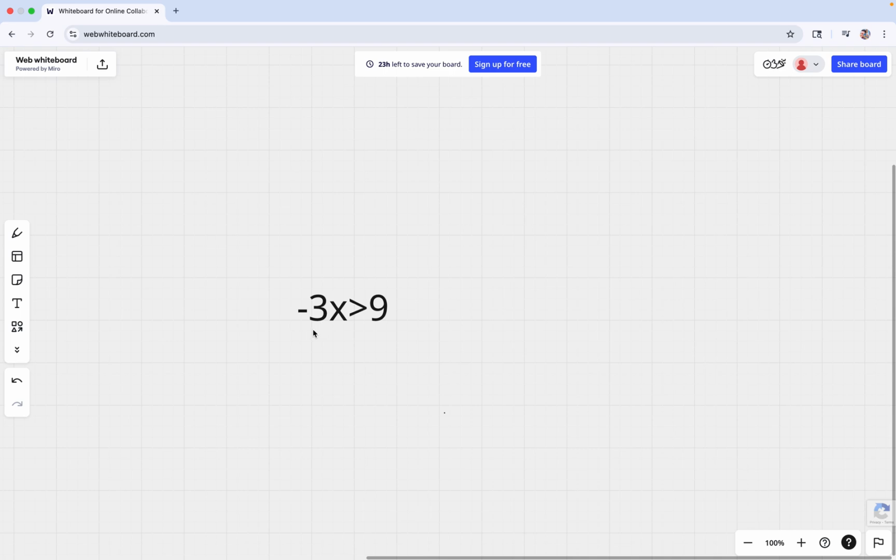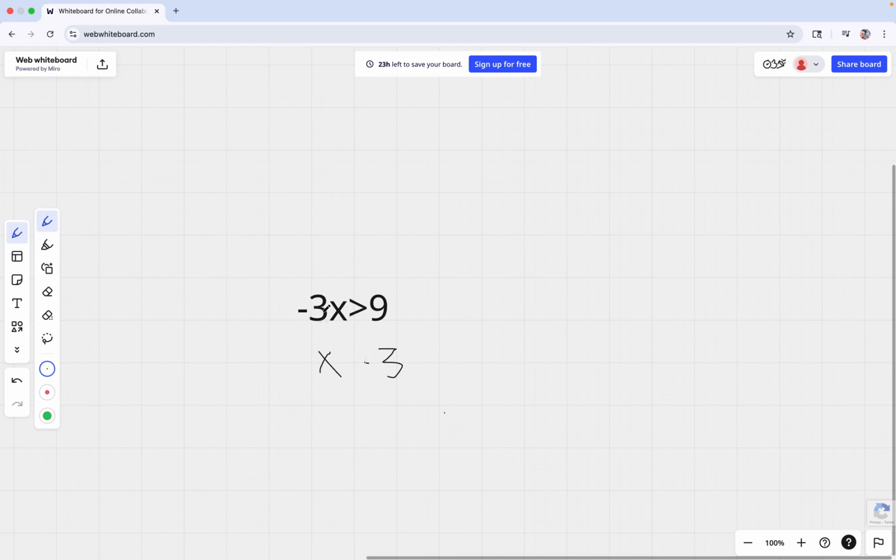So for example, if we divide by -3 right here, -3x divided by -3 is x, and then 9 divided by -3 will be -3.